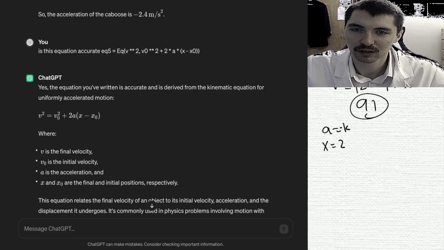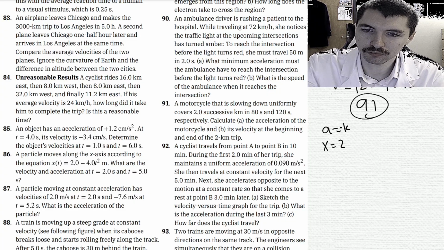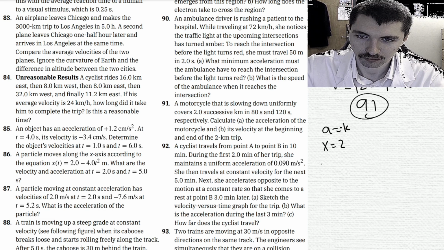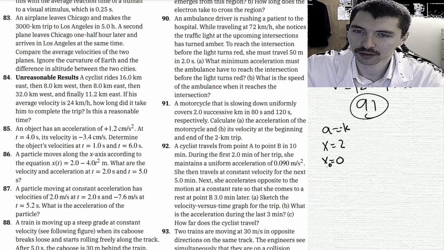So where are we now? 91. So T final is 120. T0 is 80.